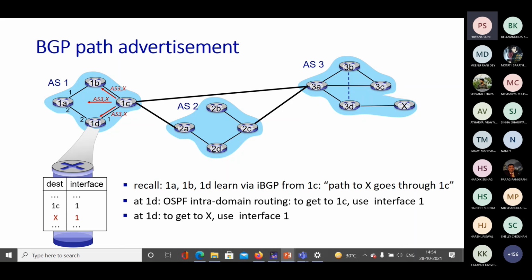So at 1D, what's happening? OSPF intra-domain routing is used to get to 1C using interface 1. So if there is any other packet from 1D that wants to get to 1C, then OSPF is used and the datagram is forwarded via interface 1. Okay, and if it is destined to X, then also interface 1 is used to forward the particular datagram.